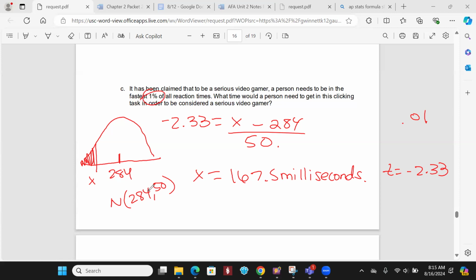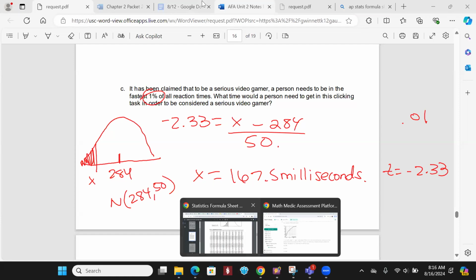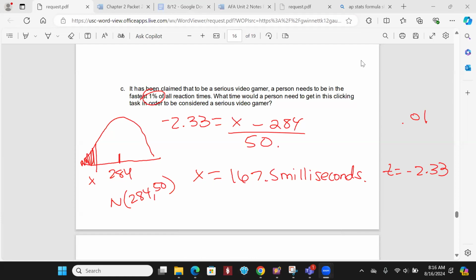The next page is using what we just worked on. Don't do number 10 yet. I haven't taught you the calculator way yet. Go ahead and take a moment. Do 1 through 9. Could y'all get that done in like 15 minutes? 20 minutes. Got it. All right, cool. Go ahead and get started.